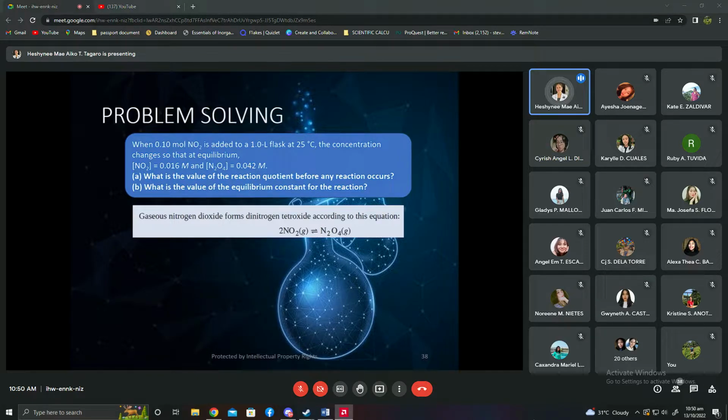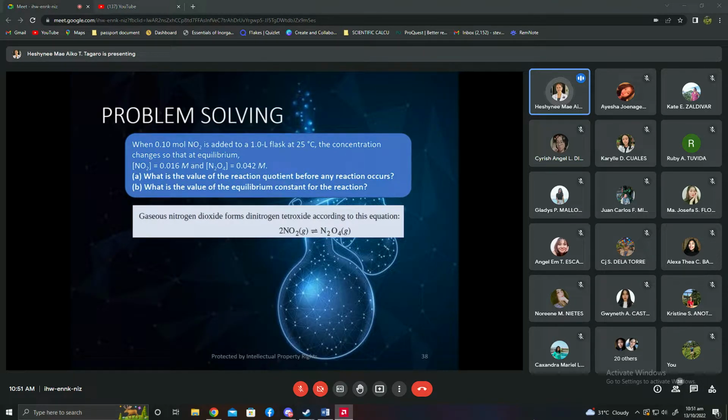What is the value of the reaction quotient before any reaction occurs? And what is the value of the equilibrium constant for the reaction? Okay? So given is the balanced chemical equation, the conversion of NO2 to N2O4 and vice versa. Okay, let's start first with letter A. What is the value of the reaction quotient before any reaction occurs?